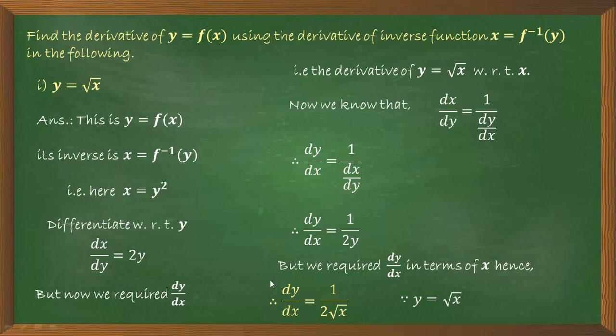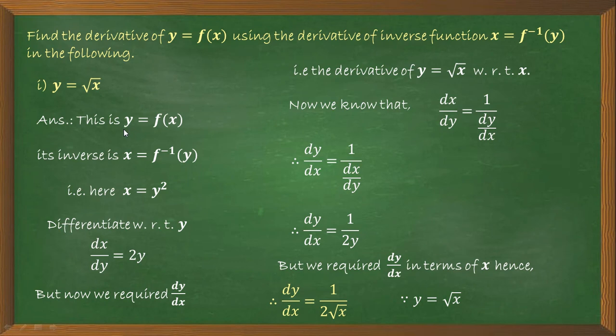The given function is y is equal to root x, and we want its derivative, that is dy by dx is 1 upon 2 root x, but by using the derivative of inverse function, that is important. Otherwise this is very simple, directly also you will get the derivative, but as per the question you have to write the answer like this.